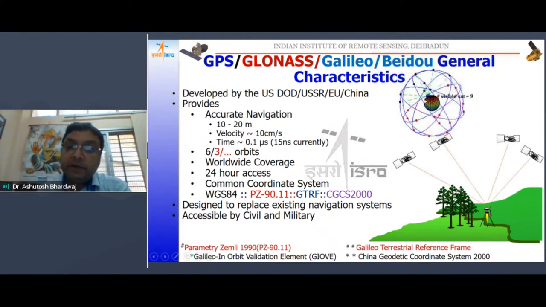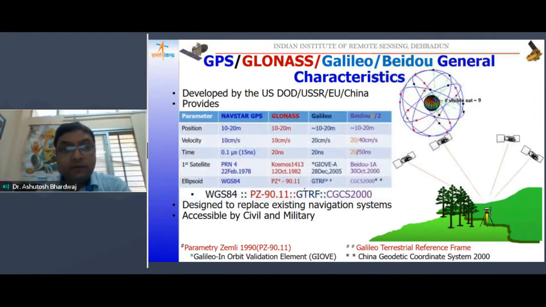Earth is revolving as well as rotating, and the satellites are also moving in their respective orbits. So the entire system is dynamic, and similarly the other systems are there. If we look at the general characteristics of the systems for Navstar GPS, GLONASS, Galileo, BEDO, the positional accuracy is of the order of 10 to 20 meter.